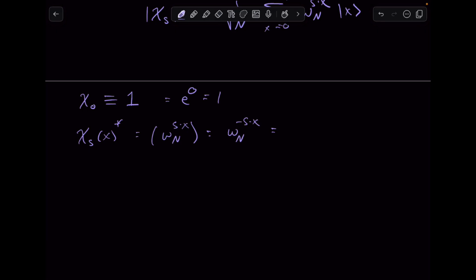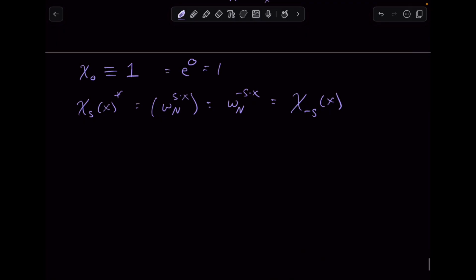So this can be rewritten as chi of minus s, x. Another thing that is kind of neat is that it doesn't really matter the order of operations for s and x here. In particular, chi of s on x is equal to chi of x on s.